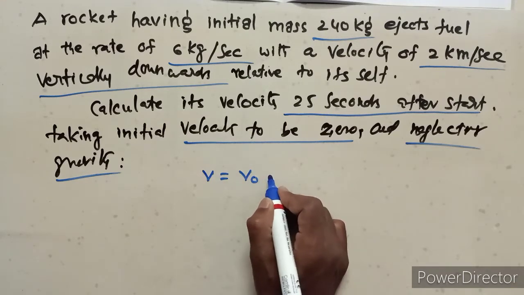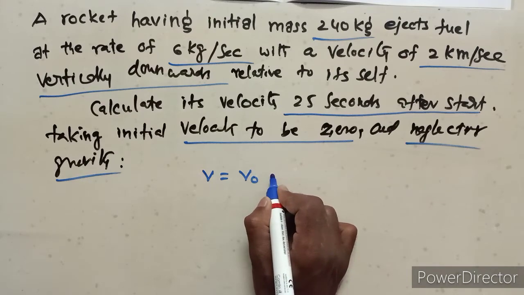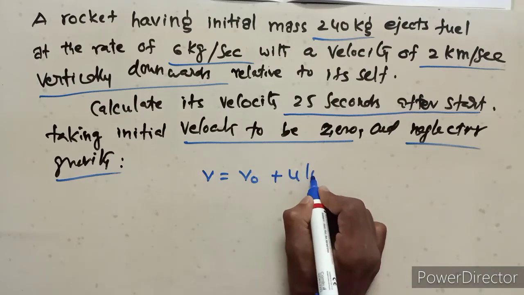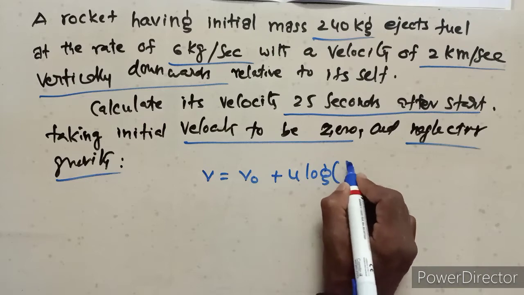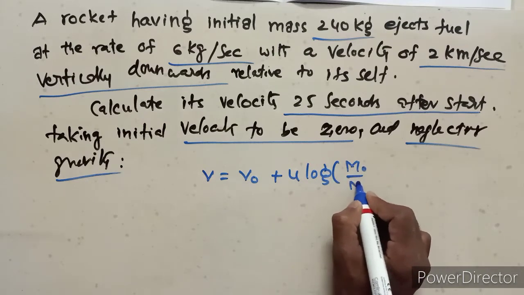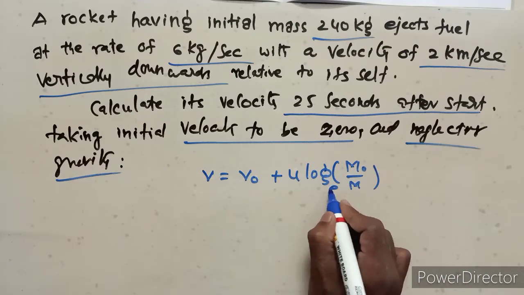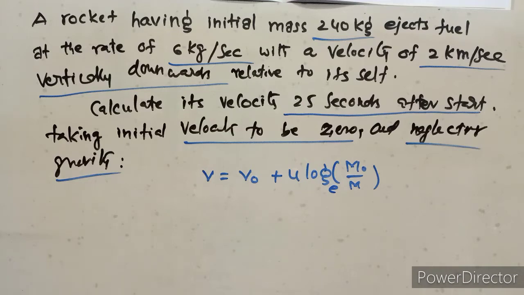Already we know this equation: V equals V naught plus U log of m naught upon m, log to the base e. This formula is taken from the case of neglecting gravity. Already we know the cases of velocity of rocket in the final stage, case 1 and case 2, where gravity is neglected.